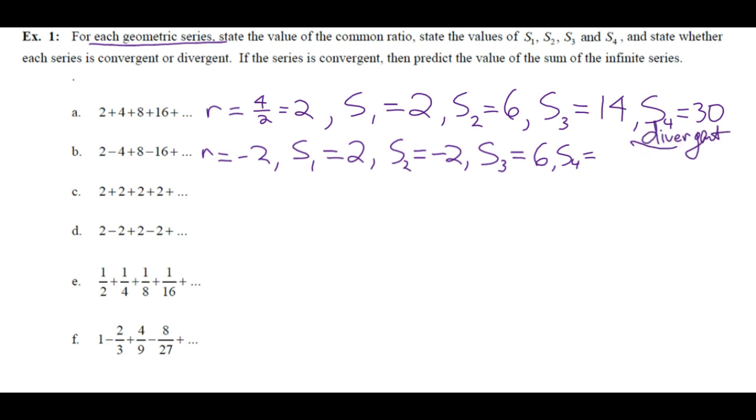Negative 10. Convergent or divergent? Divergent. The numbers are getting bigger, but they're either bigger positive or larger negative, right? They're going to flip positive to negative and so on, but they're always going to get bigger.